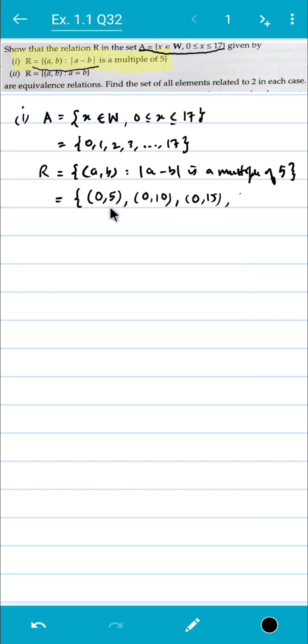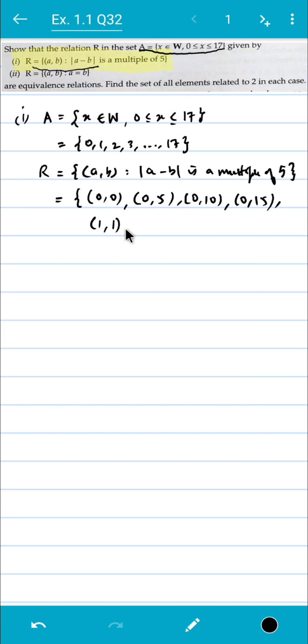We must have the element (0, 0), because if you subtract 0 and 0, you do get 0, which is a multiple of 5. So let's write down first (0, 0), which works, then also (0, 5), then (0, 10), and then (0, 15). So that's all.